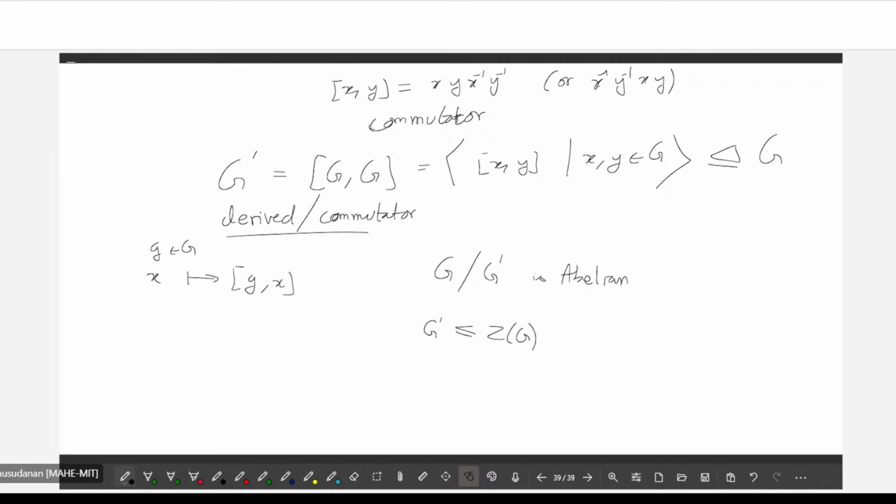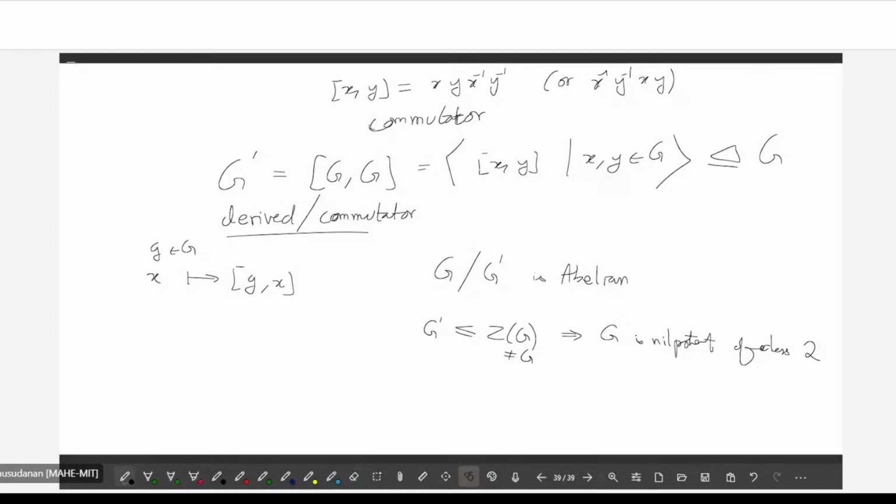This is another way to say that. If G is non-abelian, but G prime is contained in Z of G, then G is a nilpotent group of class 2. That means G is not abelian, but G mod Z of G is abelian.